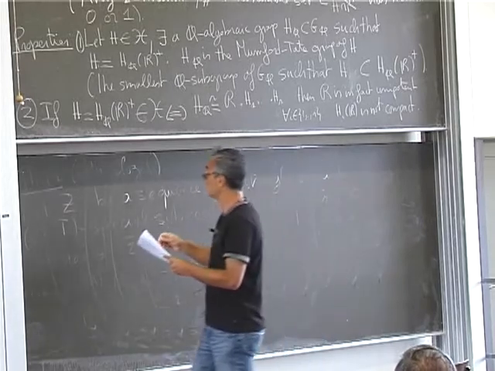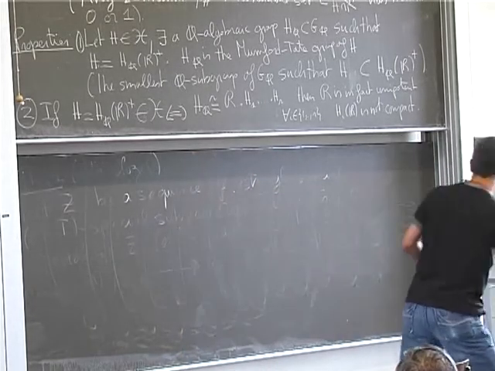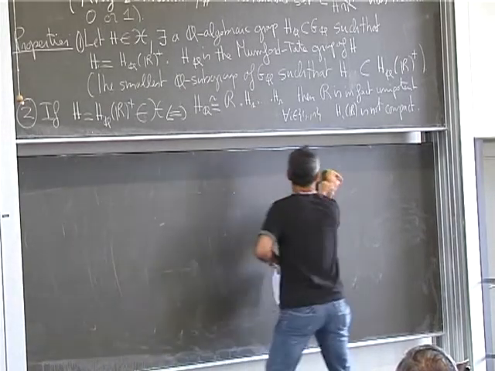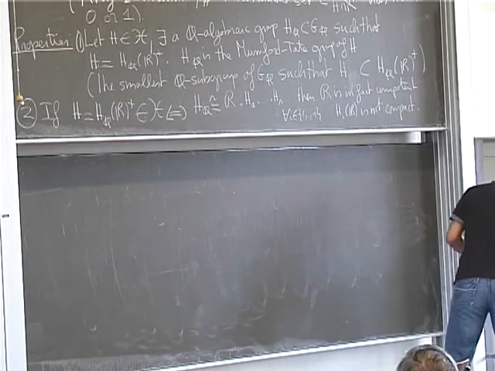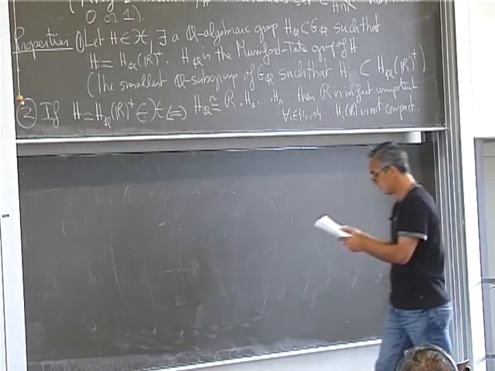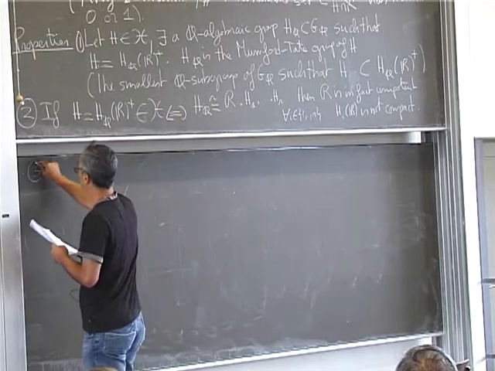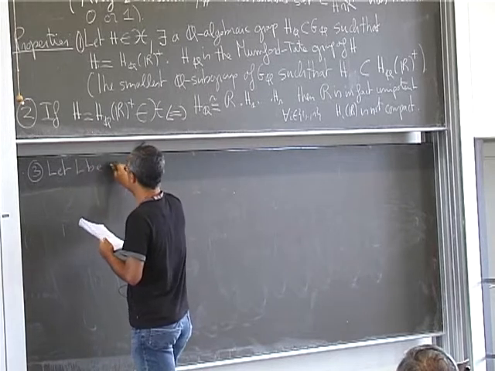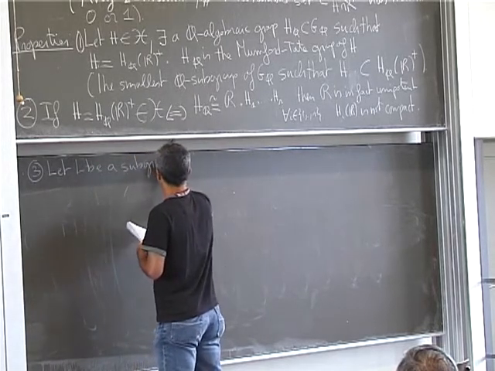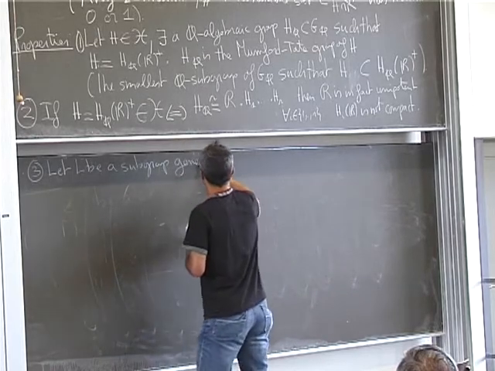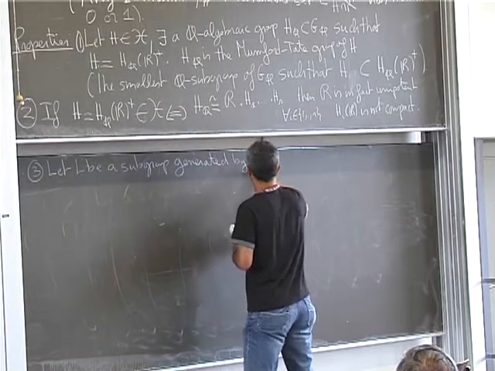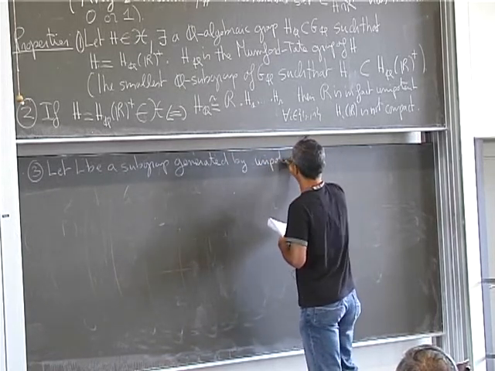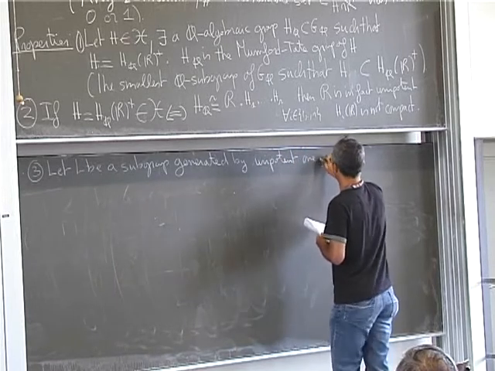Okay, so I can almost state the theorem of Ratner. No. Okay, so I give one more property before. Let L be a subgroup generated by unipotent one-parameter subgroups.